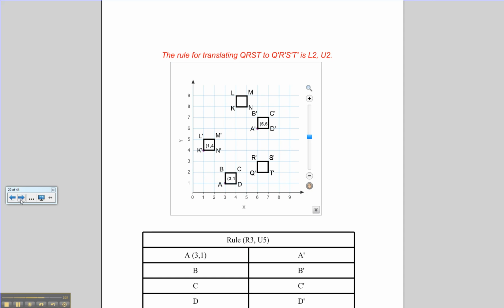Next, we are asked to find the new coordinates for Kendra's tiles. I'm going to give you the coordinates for A, B, C, D, and A', B', C', and D'. We already know that A is at (3, 1). B, you'll see, is at (3, 2).